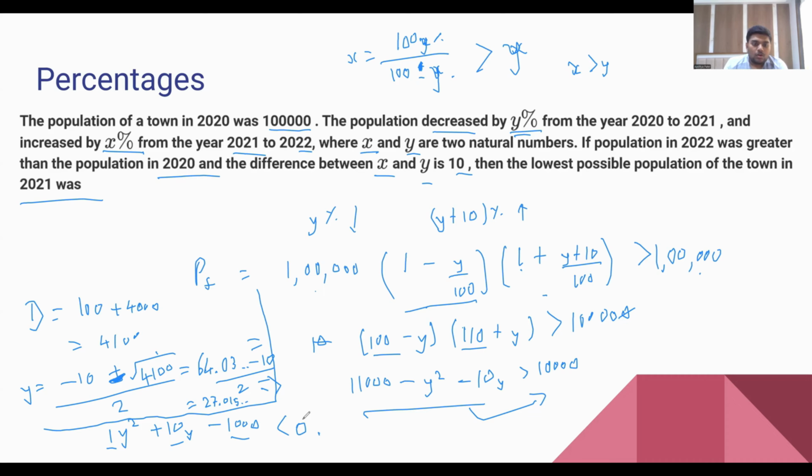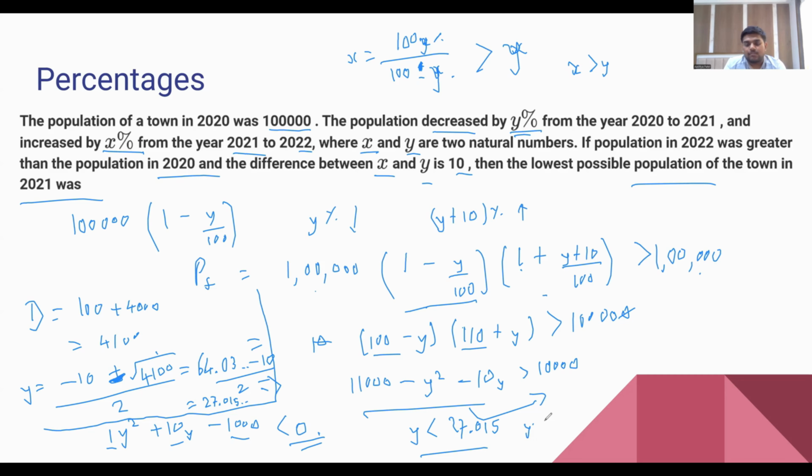Now, for this to be satisfied, y has to be less than 27.015. Now the value that is asked will be 1 lakh into (1 minus y by 100). And to minimize this value, we have to maximize y.